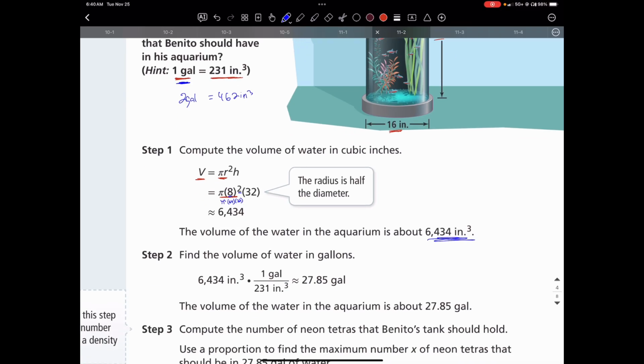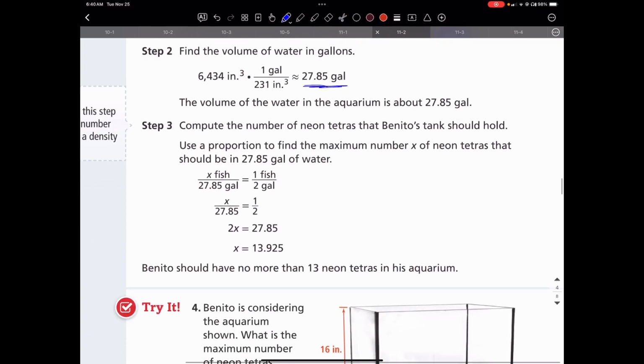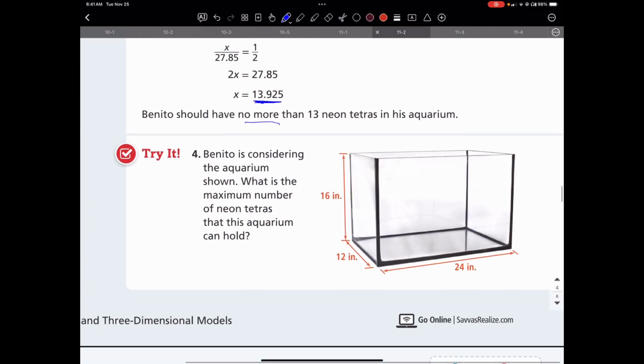They went ahead and divided by a single gallon, which is fine. And then you have a total of 27.85 gallons, but then you would divide that 27.85 by 2 and you get 13.9. So you should have no more than 13 neon tetras. Remember, you cannot have 13.9 because what are you going to do? You're going to cut a tenth of one off? No. So no more than 13. Better to be safe than sorry. Okay.